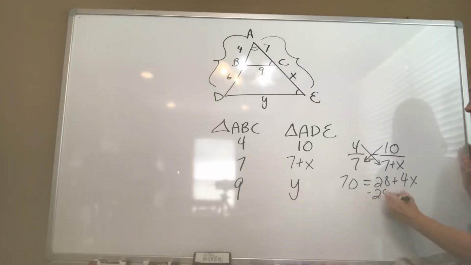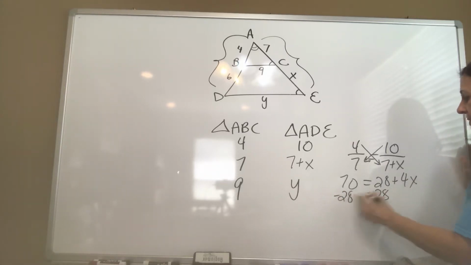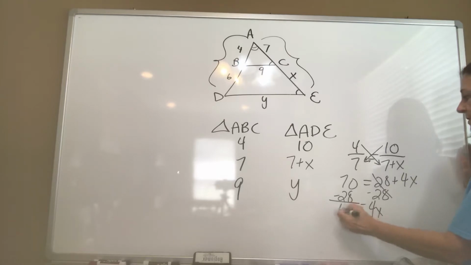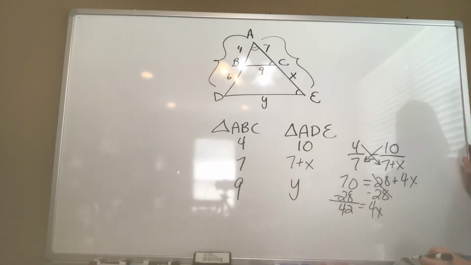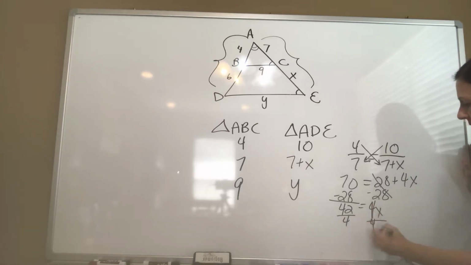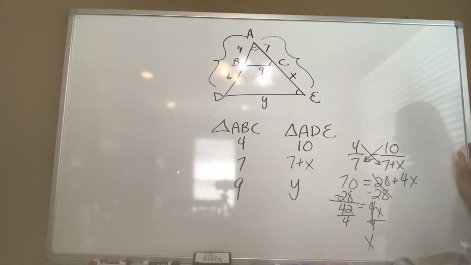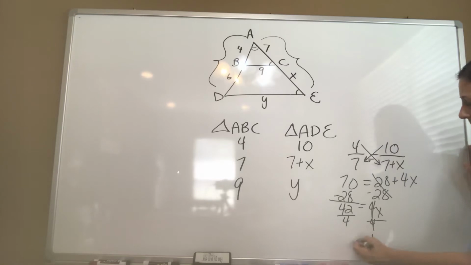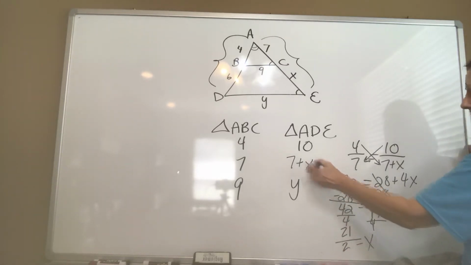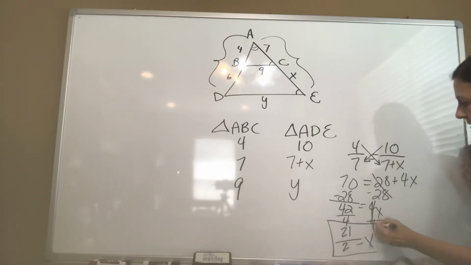When I subtract the 28 on both sides, I'm left with 4x equals 42, right? And I divide by 4 on both sides. All right, it's 42 fourths, but both of those are divisible by 2. So it's really 21 halves. So x equals 21 halves.